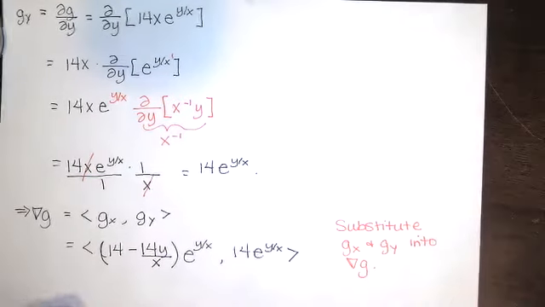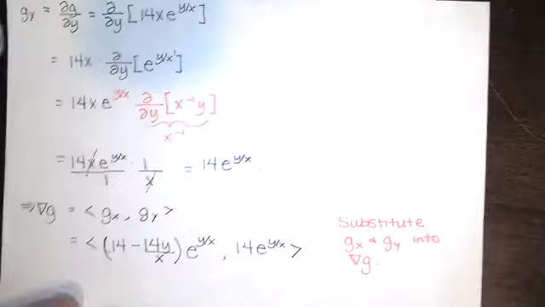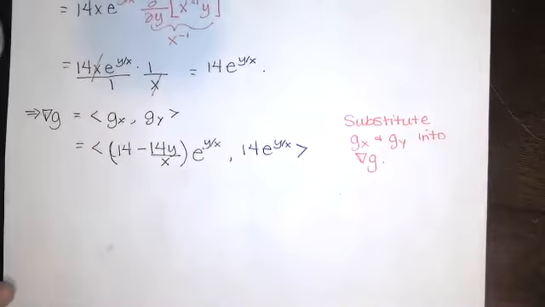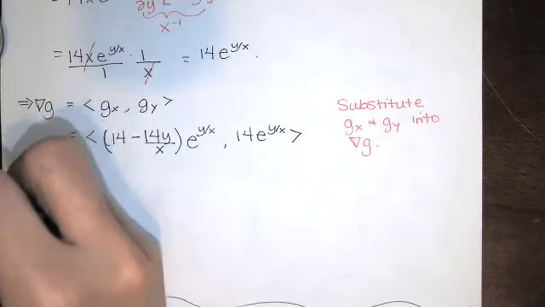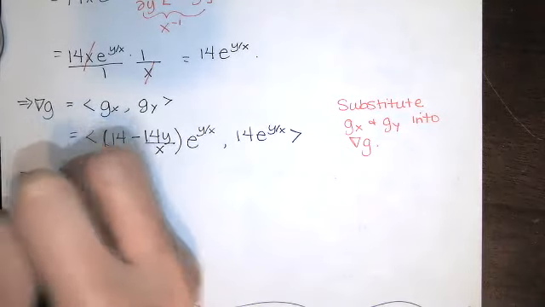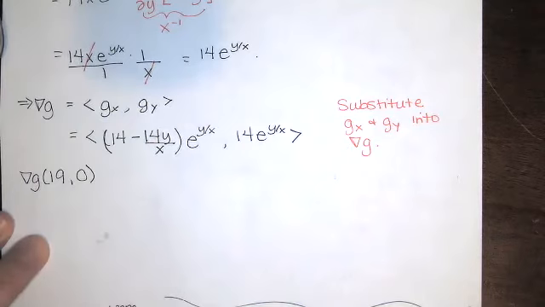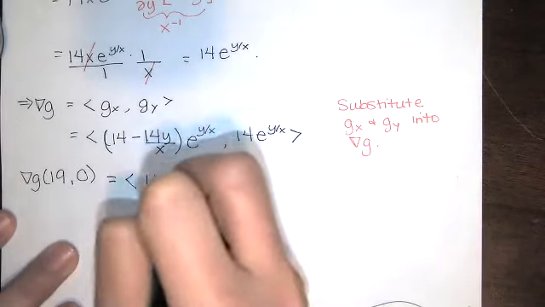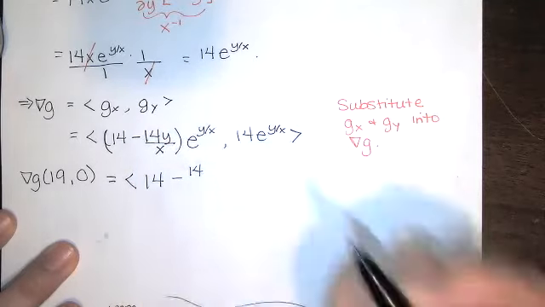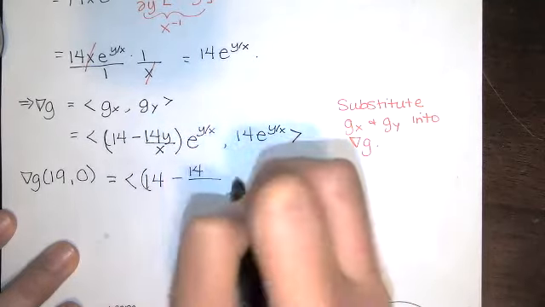And the last thing we were asked to do is evaluate this at a particular point. I believe it said evaluate this at x equals 19, y equals 0. And we're in Calc 3. I think we all know how to evaluate something at a point.